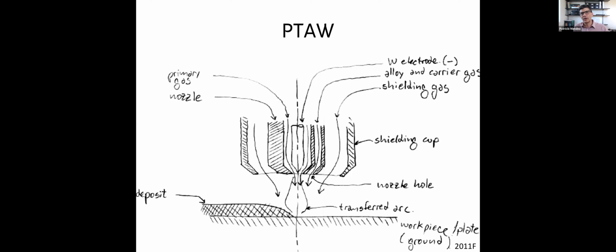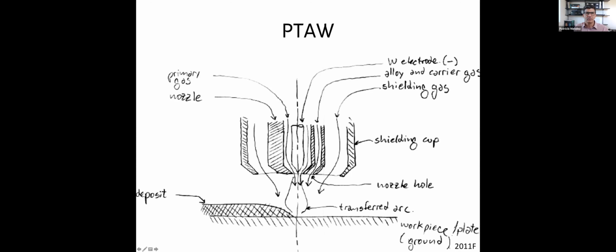We'll discuss that more later, but we do know there is a jet, and those of us who have welded know that that jet can even push the molten metal away, right? In the case of PTA, this jet is very concentrated. So it's even finer than the scalpel, right? It's a very, very, very fine arc. And for that reason, it's very, very hot.